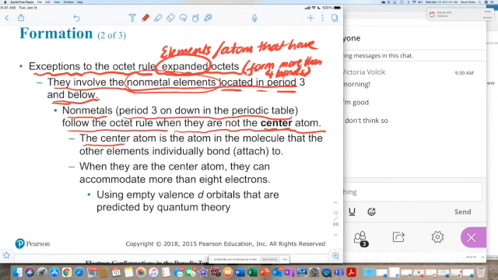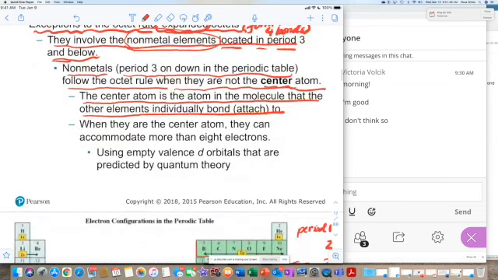Okay, the center atom is the atom in the molecule that the other atoms individually bond to. So I tend to call the central atom the host. So I'm going to label it here or draw a sketch. A will be my central atom.